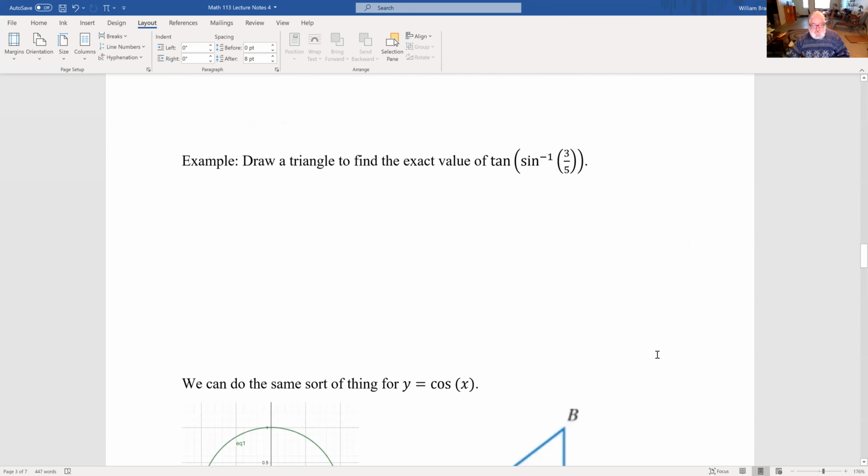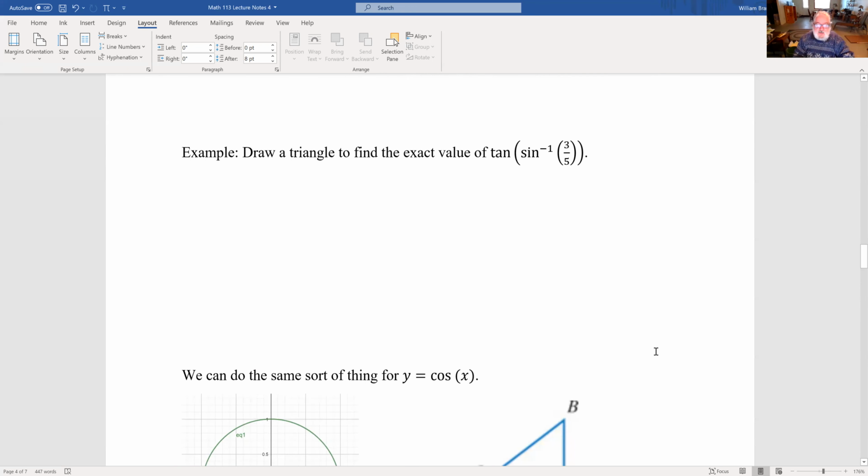Okay, same thing here: exact value of tangent of sine inverse of 3/5. So sine inverse of 3/5 is an angle, and remember that sine, SOHCAHTOA, is opposite over hypotenuse equal to 3/5.